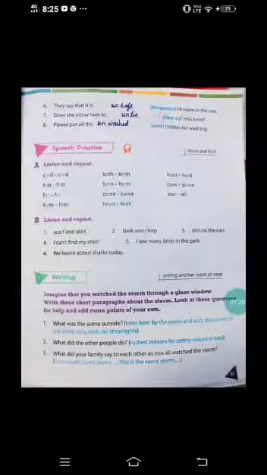Second one is, what did the other people do? The hints are, rushed indoors for safety, stayed in bed. Third one, what did your family say to each other as you all watched the storm? I'm scared. Don't worry. This is the worst storm. Here you need to think about the other side of the story.